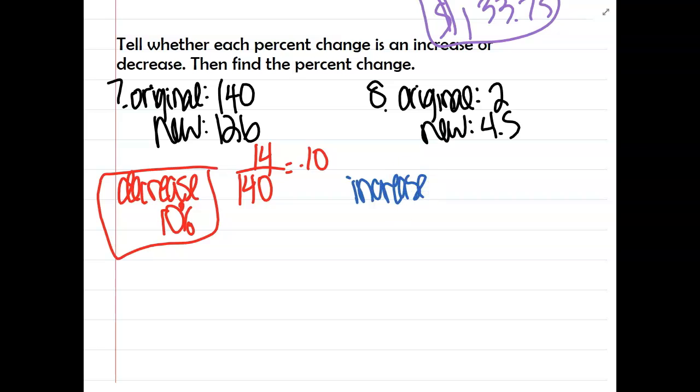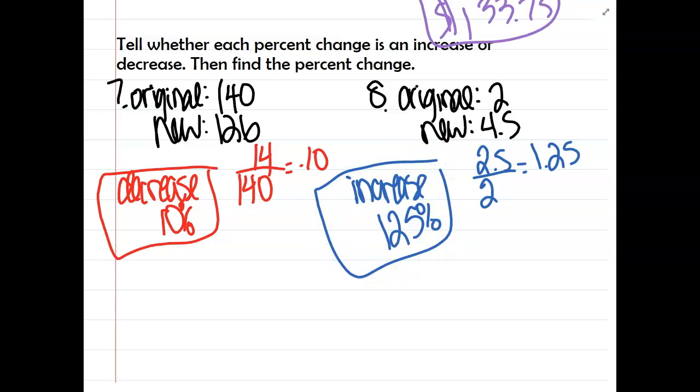And then to find how much it increased, we need the amount of change over the original. So from 2 to 4.5, changed by 2.5, over, big thing, it has to be over the original. So over 2. Now when you divide this out, you're going to get 1.25. So change this to a percent, it'd be 125%.